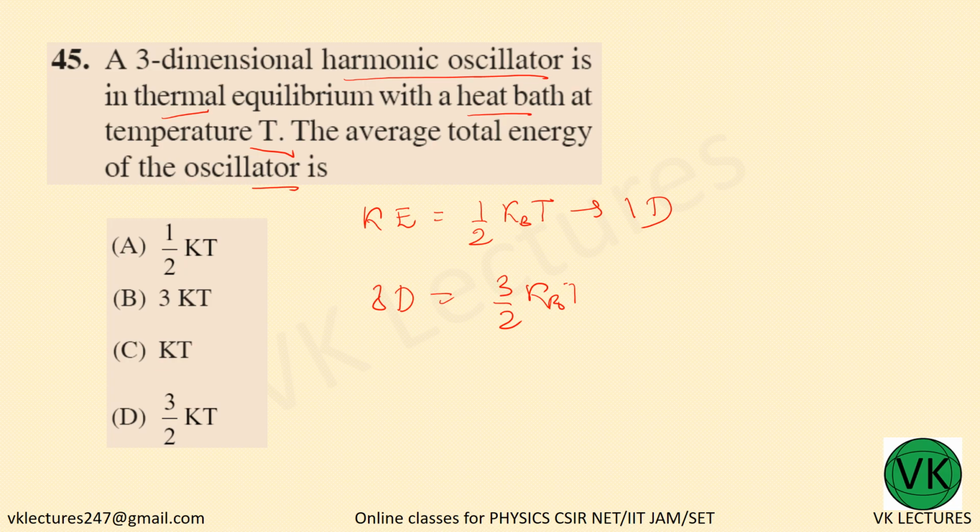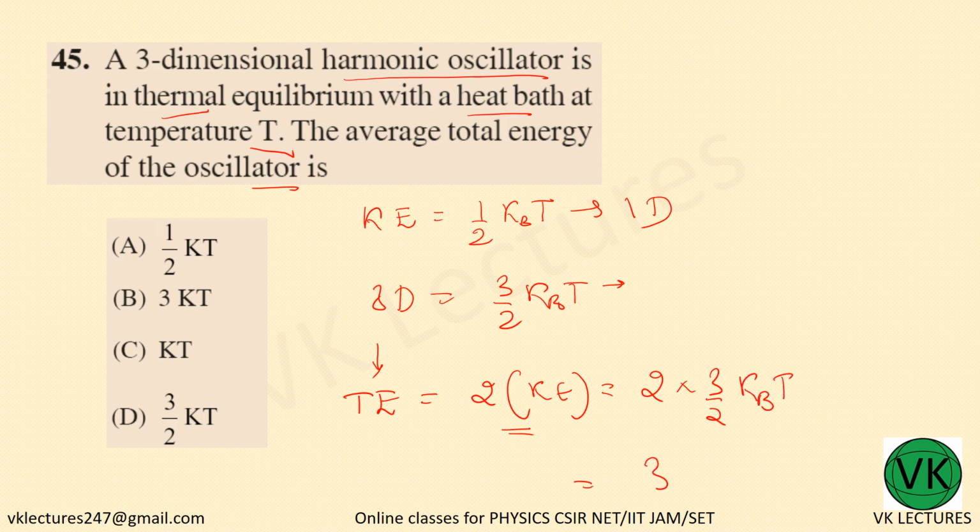This is only the kinetic energy. Okay. Now, what about the total energy? Total energy is nothing but twice the kinetic energy, which is equal to 2 into 3 by 2 kBT. So that is equal to 3 kBT, where kB is the Boltzmann constant. So your option is B.